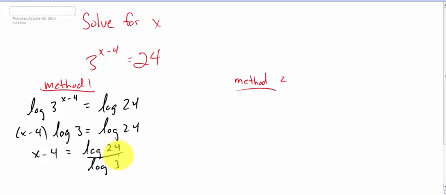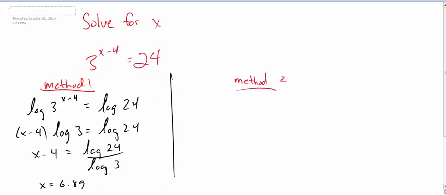And remember, log 24 divided by log 3 absolutely does not equal log of 8. There's no log property that allows us to combine these together. We'd have to type this into our calculator. But then we add 4 to both sides, and we find that this is approximately 6.89 to 3 significant digits.